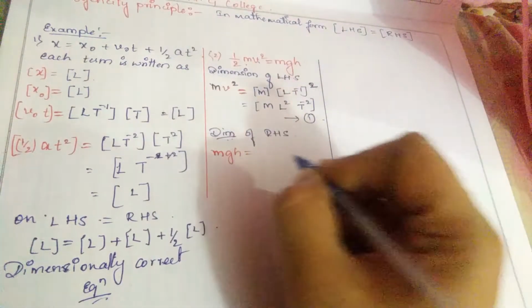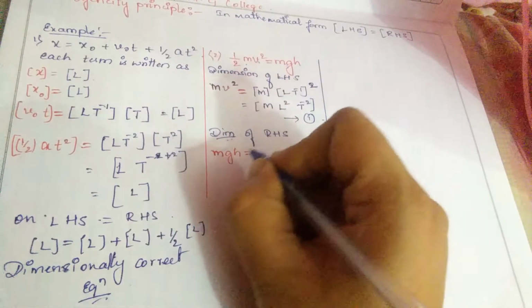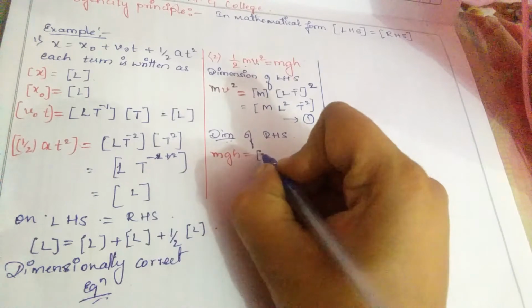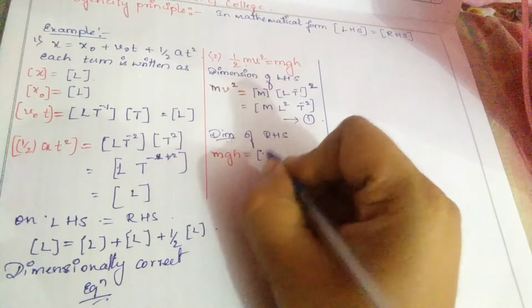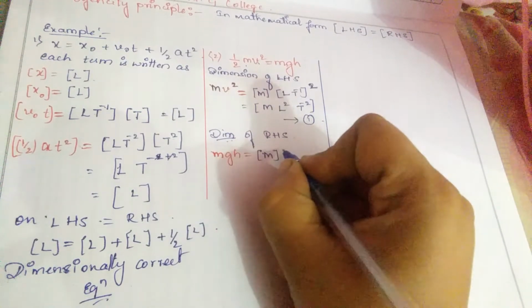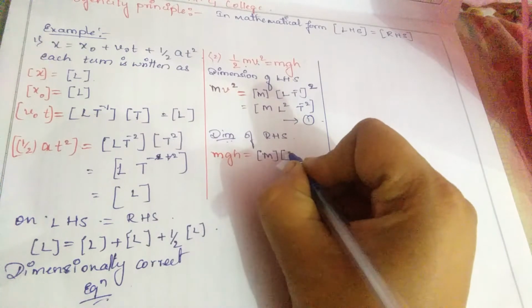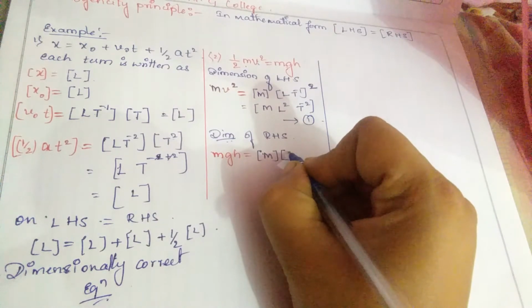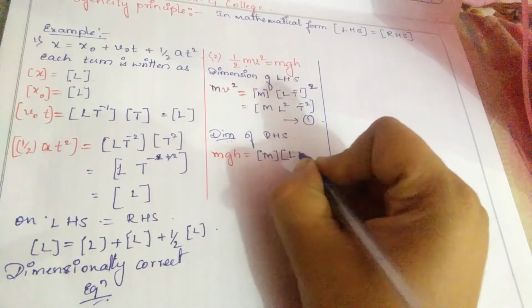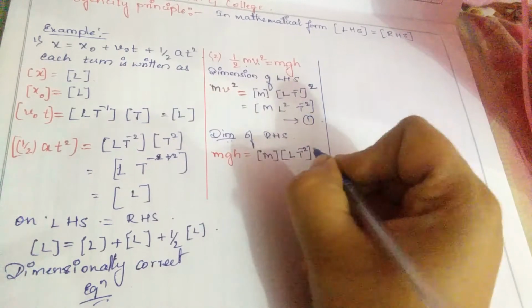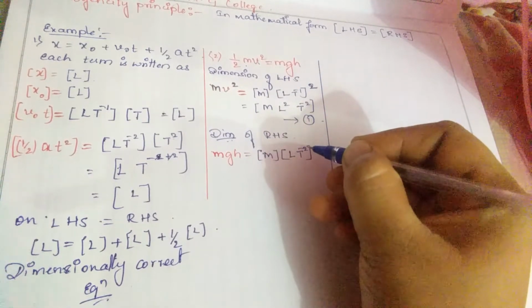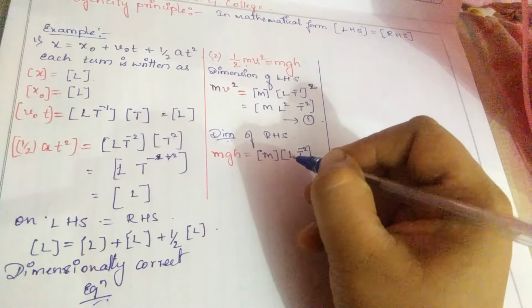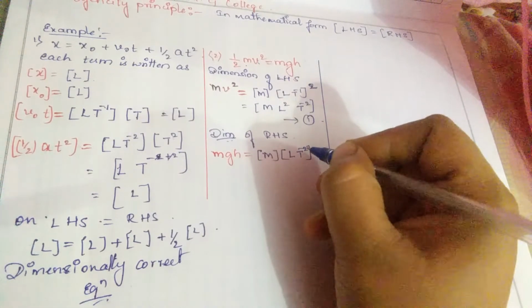Next, the dimensions of the RHS: m is the mass of the body, that is m, and acceleration due to gravity is L T to the power of minus 2.